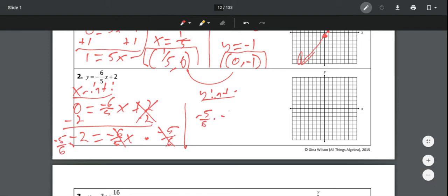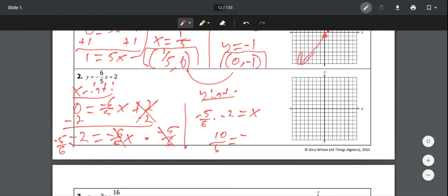So then that's going to give us -5/6 times -2 equal to x. So then that would be -10/6, which reduces down to, what is that? Actually, that wouldn't be negative. That would be positive.